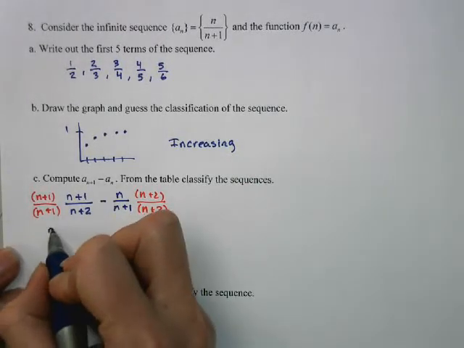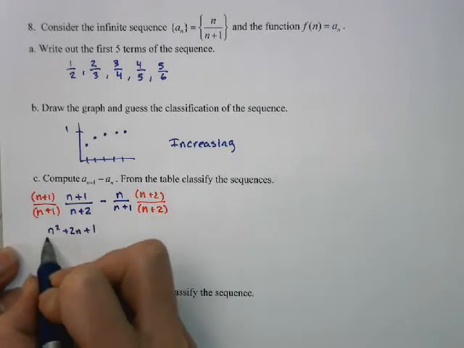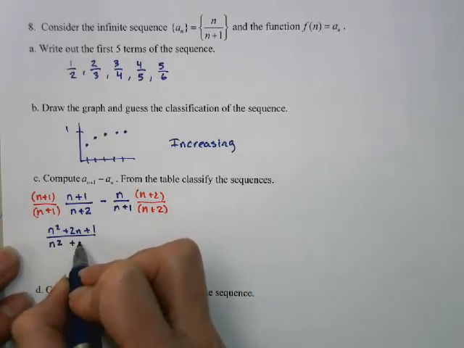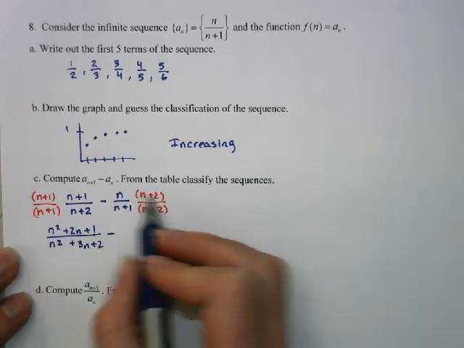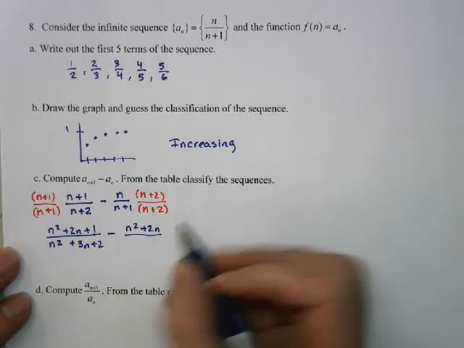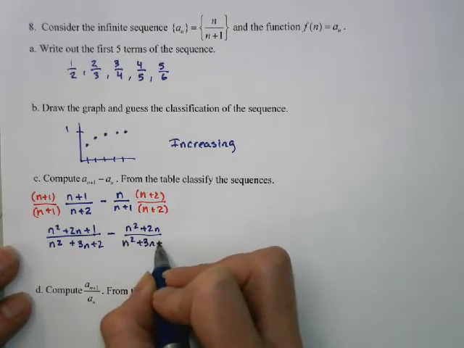So FOIL that, we're going to have (n squared plus 2n plus 1) over (n squared plus 3n plus 2) minus (n squared plus 2n) over (n squared plus 3n plus 2).